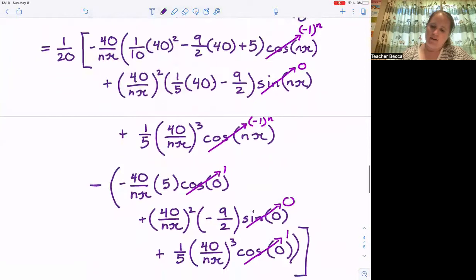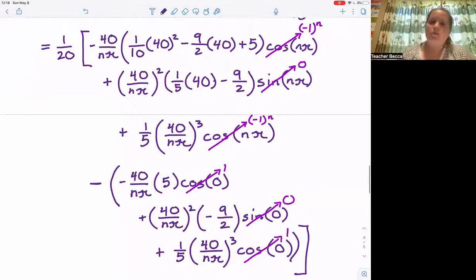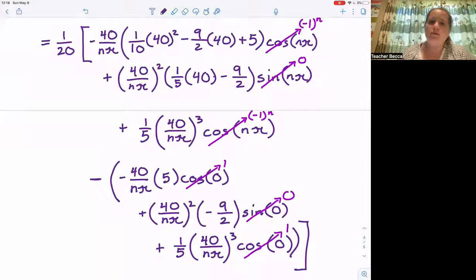So our second row and fifth row entirely cancel out here. That 1/10 40 squared, we are looking at 160. That minus 9/2 of 40 would be minus 180, would be -20. Plus 5 is -15.